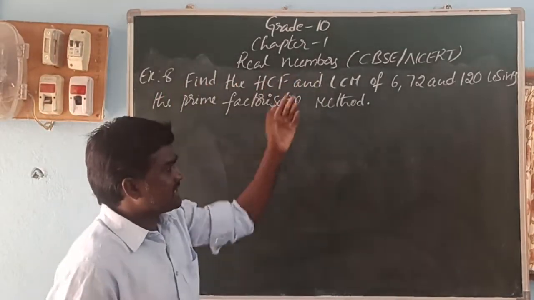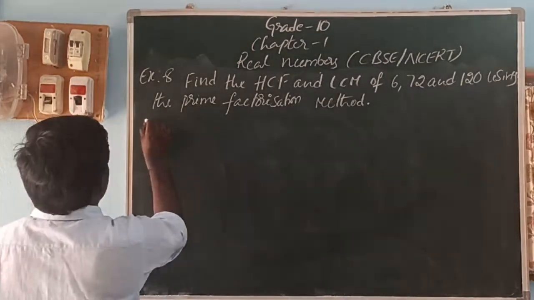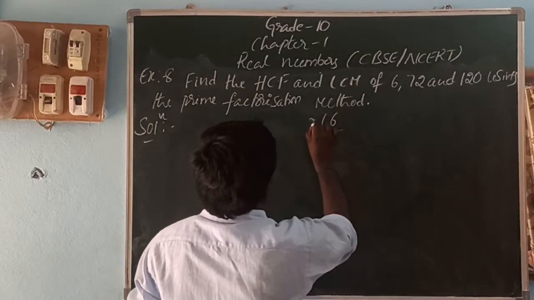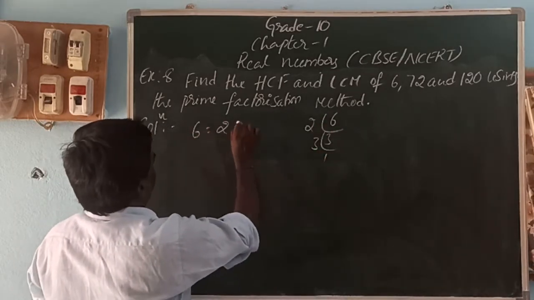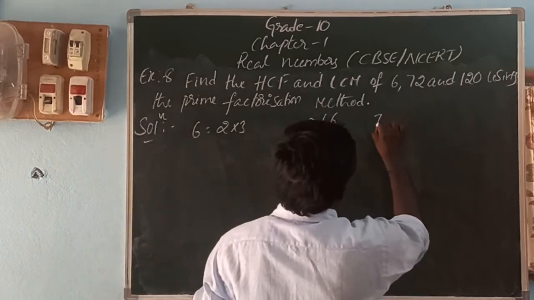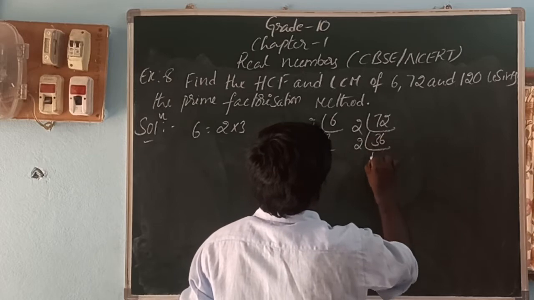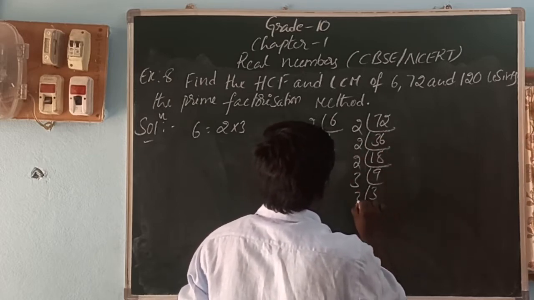Find the HCF and LCM of 6, 72 and 120 using the prime factorization method. How do we write 6? 2 times 3 is 6, so 6 is 2 into 3. Next 72: 2 times 36, 2 times 18, 2 times 9, 3 times 3, 3 times 1.